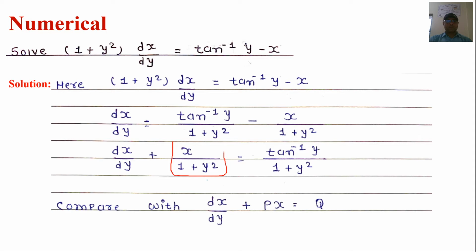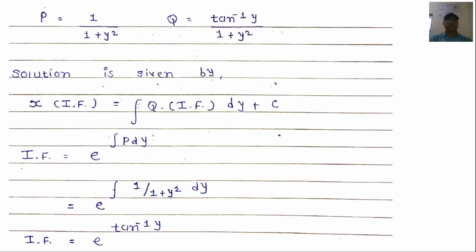Removing the x from this term, you will get p is equal to 1 upon 1 plus y square, and on the right hand side of the equation this term represents q. So we have p is equal to 1 upon 1 plus y square and q is equal to tan inverse y upon 1 plus y square.